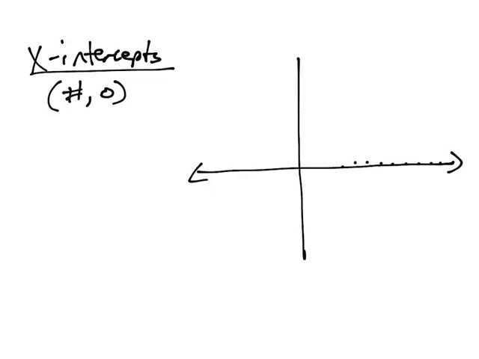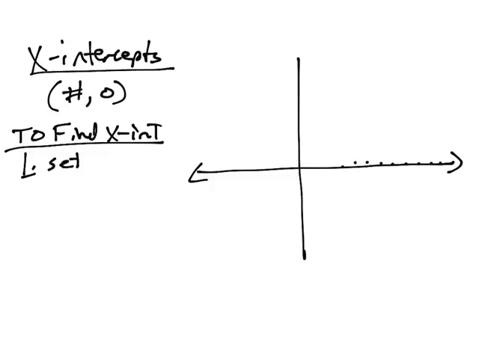To be on the x-axis, your y-coordinate has to be 0. So to find the x-intercepts, we set y equal to 0, because that's the common characteristic of all these points on the x-axis. We set y equal to 0 and solve for x.